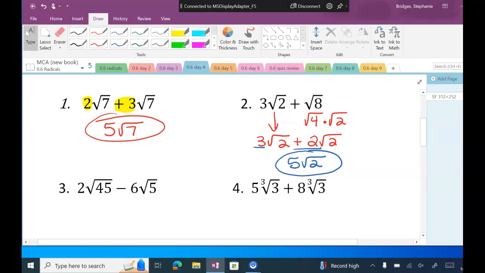We got 2 square roots of 45 minus 6 square roots of 5. So simplify one or both, whichever can happen.